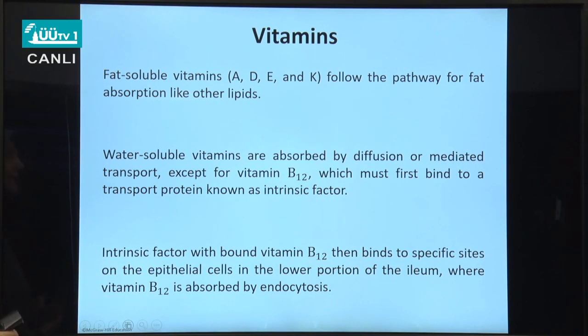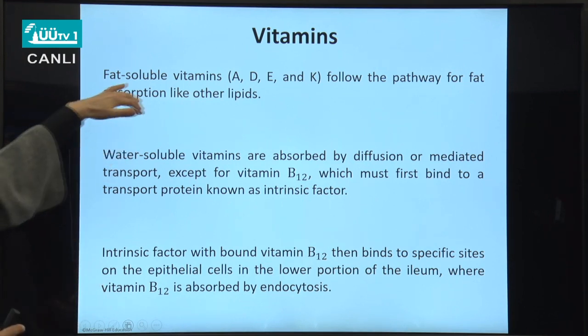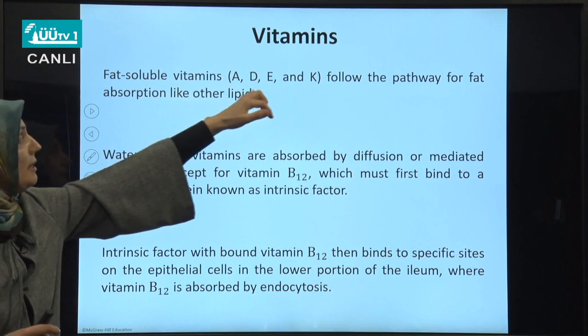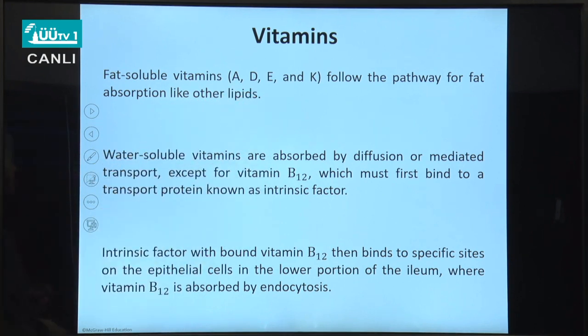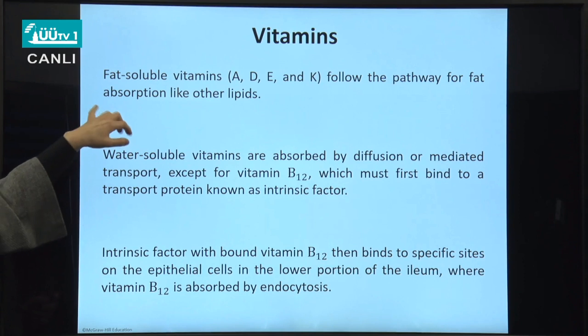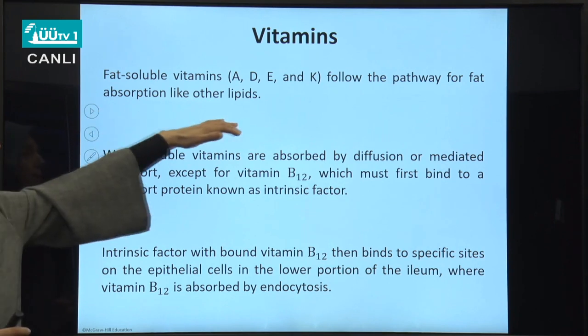Okay, so the last part of digestion in the small intestine is the absorption of the vitamins. Vitamins are small molecules. They do not require any digestion. And depending on their structures, the fat-soluble vitamins such as A, D, E, K, follow the same pathway for fat absorption like other lipids.